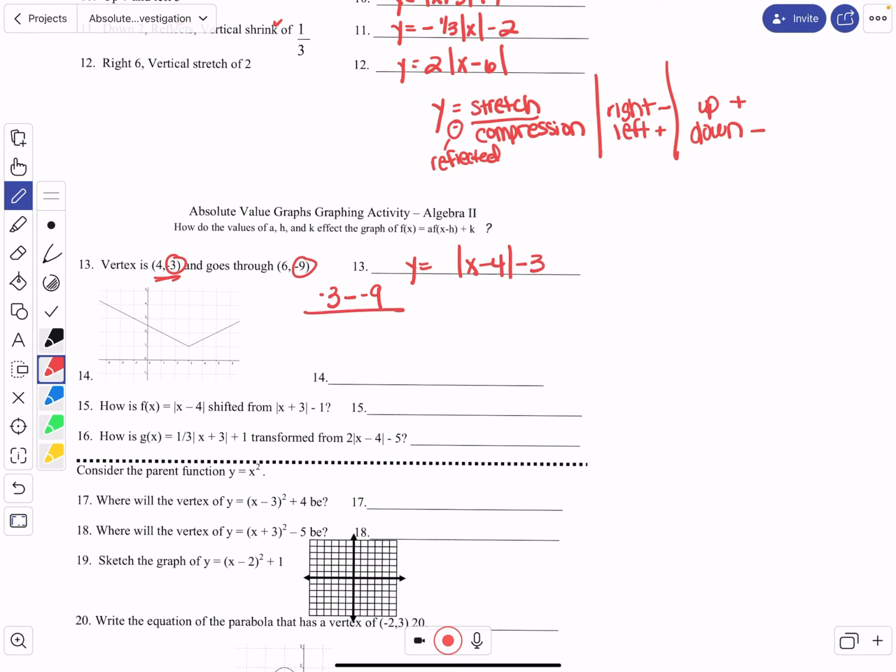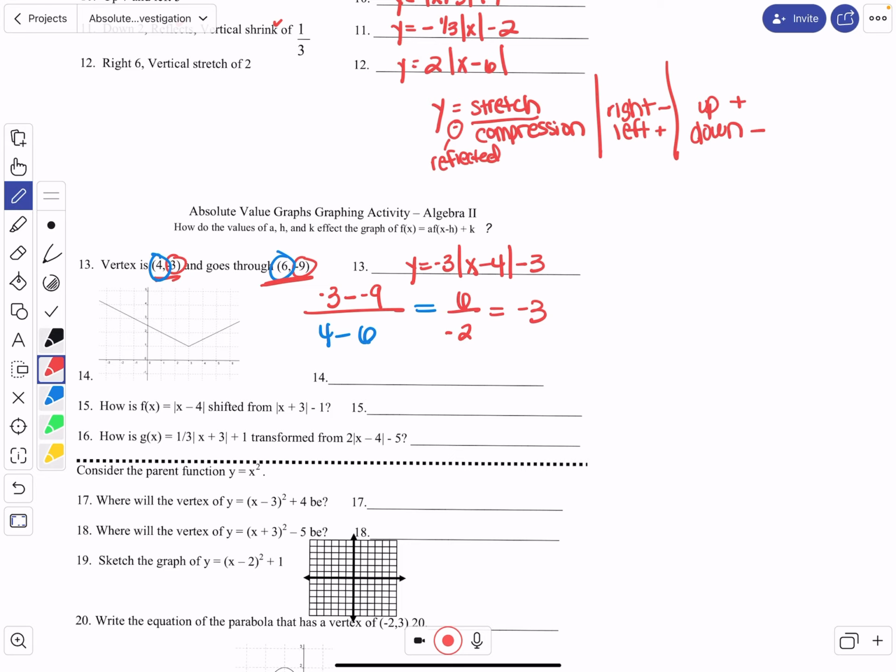That's on top. And then you'll do 4 minus 6 from here and here on the bottom. Okay? And then that's going to give us 6 over -2, which gives us -3. And so that's going to be your number that you know goes out front. So that's how you use this point to help get your equation.